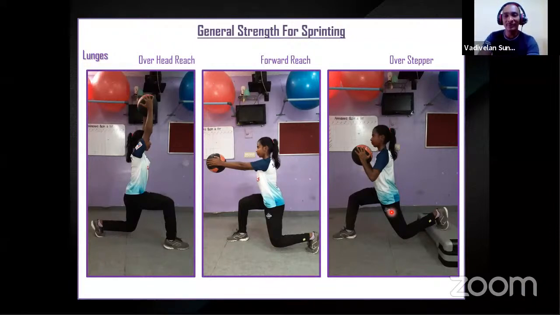Once the athlete has progressed further, you can ask them to hold a medicine ball, or hold weights like dumbbells. Those things can be added. Overhead, you ask the athlete to reach forward. A twist can be added with the forward reach, and you can make the athlete take longer steps to increase the quad stretch.